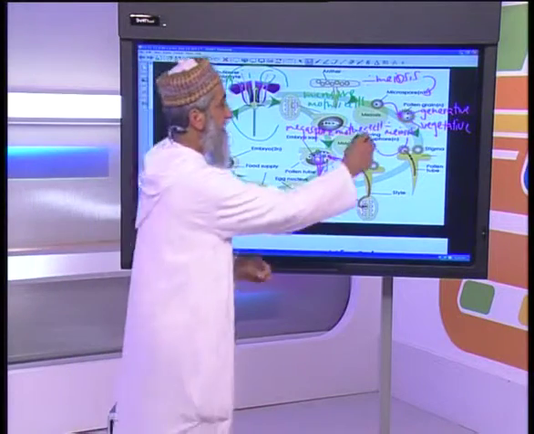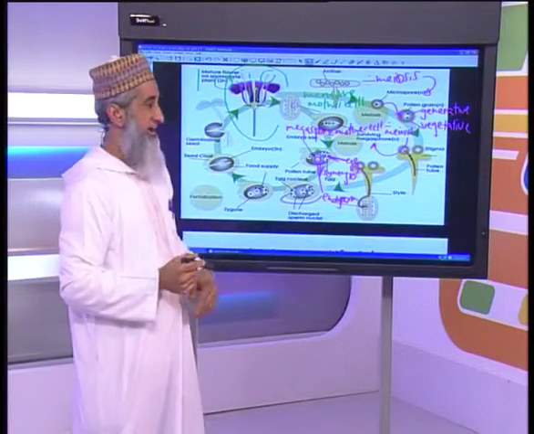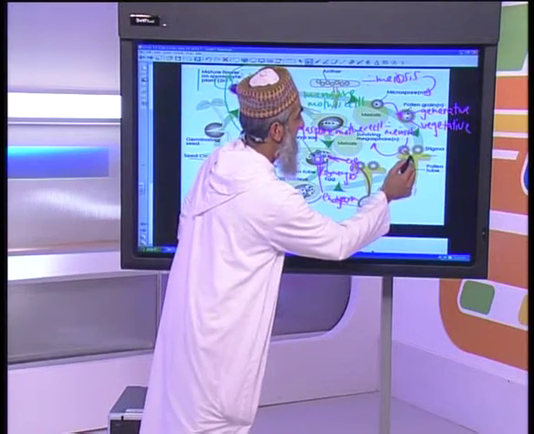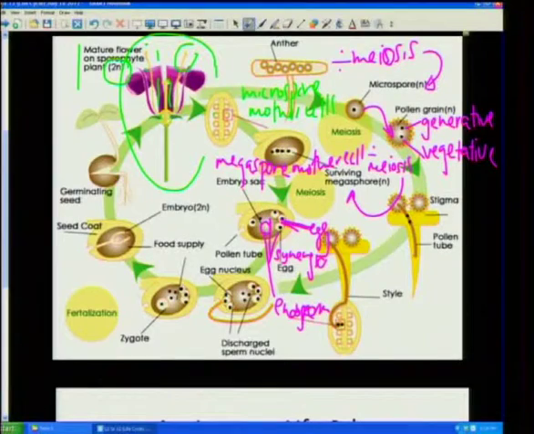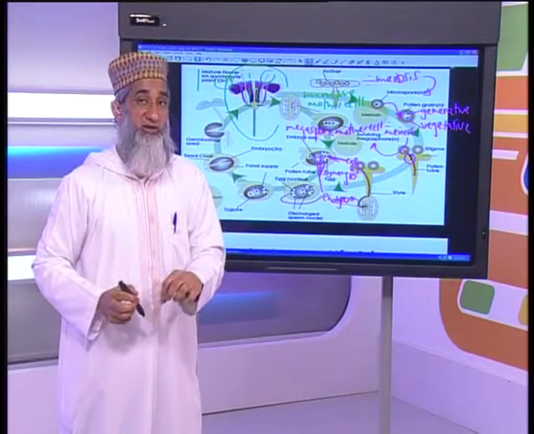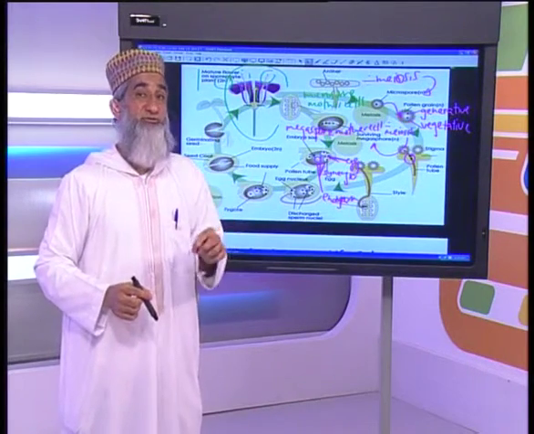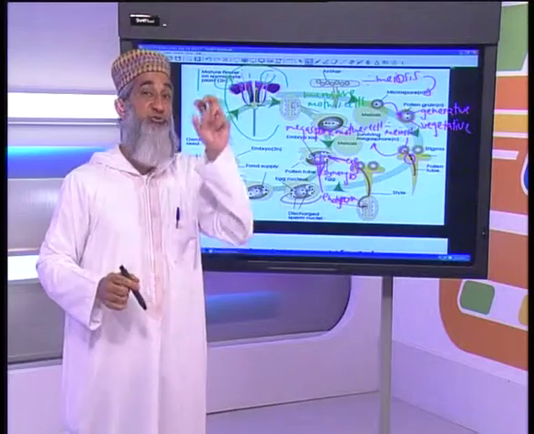Now, when the pollen grain lands on the stigma, the pollen tube starts growing into the style. And can you see here, there are the pollen tube, the nucleus will be there, and you have 2 other nuclei there. What happens when the pollen grain starts to germinate, the male gamete divides by mitosis to duplicate itself. Now there are 2 male gametes.